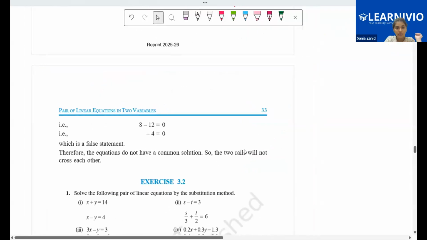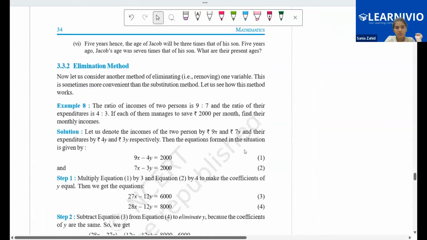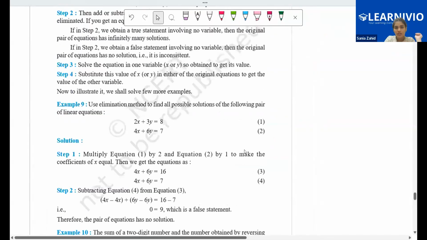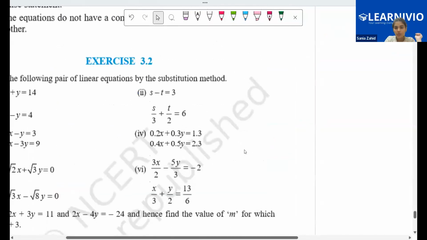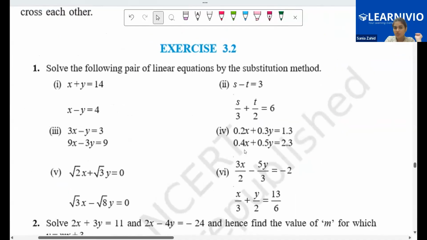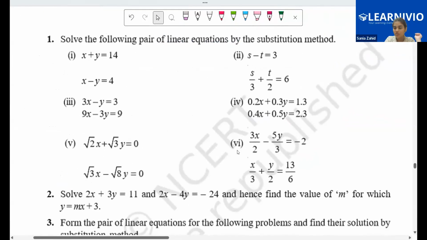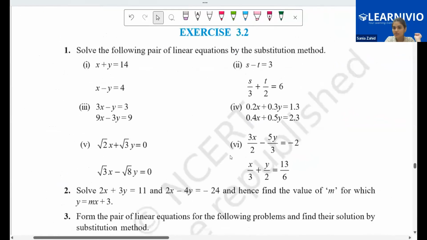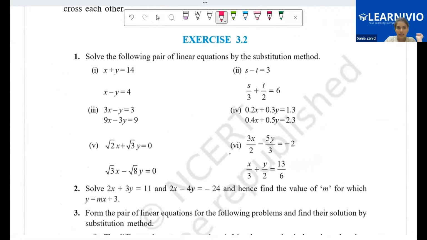Then we have, okay, elimination method is not in this exercise. So let's do one thing. Can you practice these questions? Shall I give them to you as homework? And then can we have a discussion of these questions in the next class? Yeah, I can give you this as assignment. Will you be able to do? Yeah, it will be in the class book, the class homework basically.